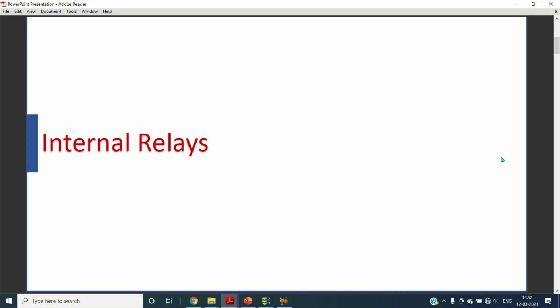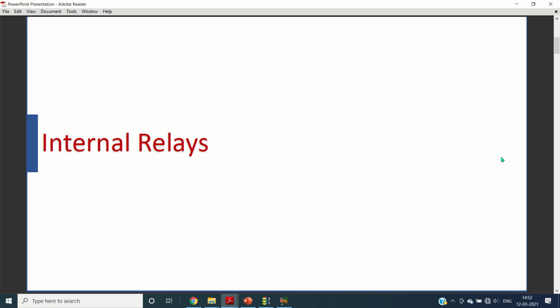The presence of such relays actually helps to solve several ladder problems very simply, especially when it is required that some output condition needs consideration of several inputs and it is a multi-stage operation.